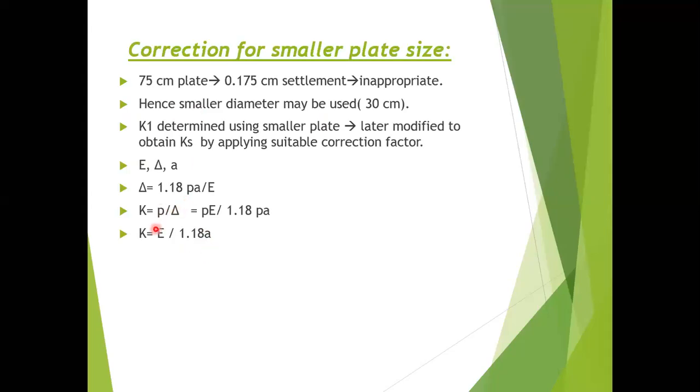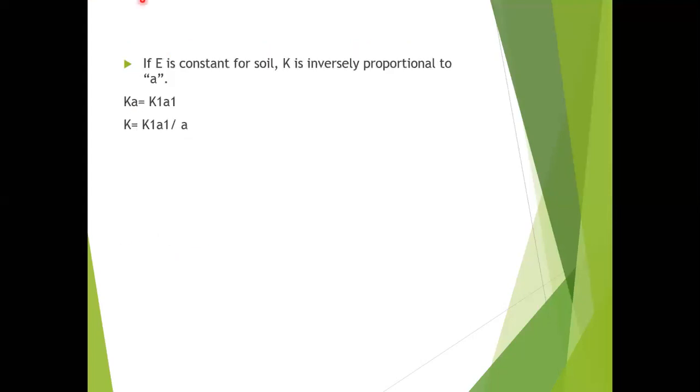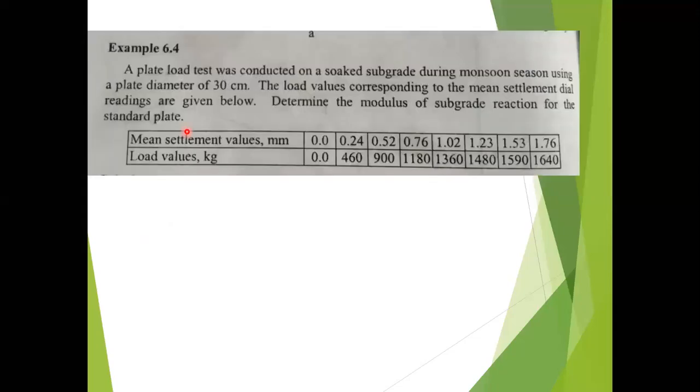Just substitute a here. a will be transferred to the LHS. The equation will become K is equal to K1 divided by a, into a1. Final equation will be K is equal to K1 into a1 divided by a. Okay. Yes, write this problem. Copy this.